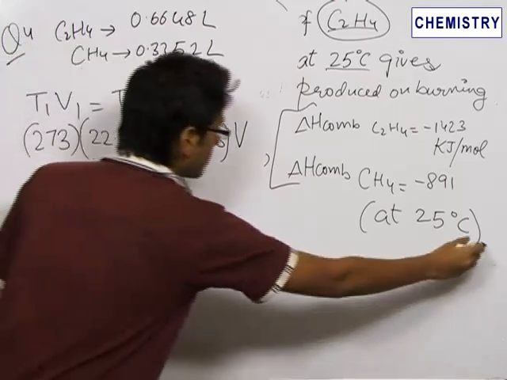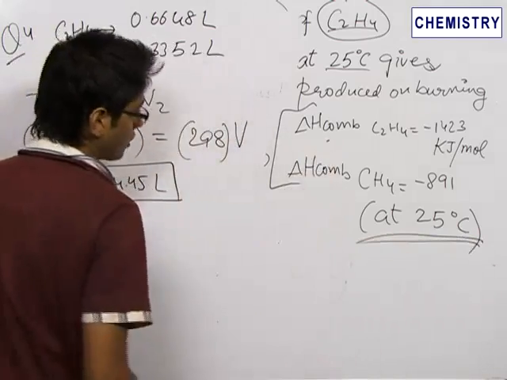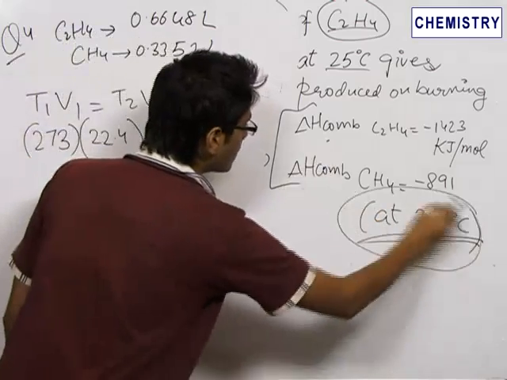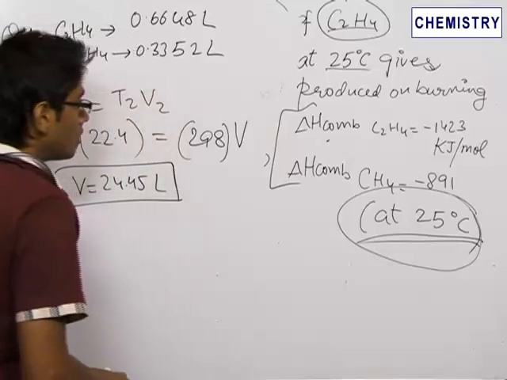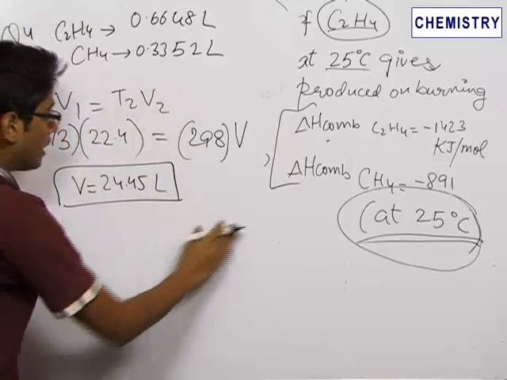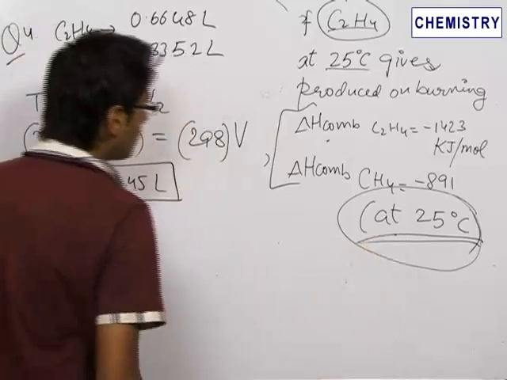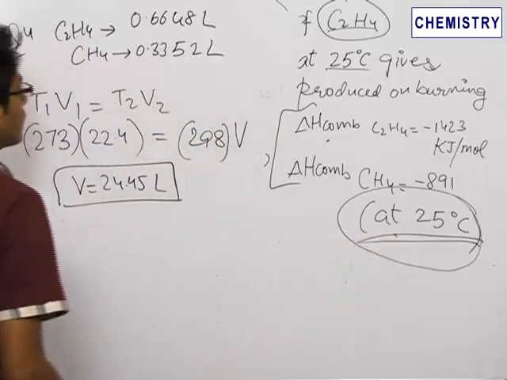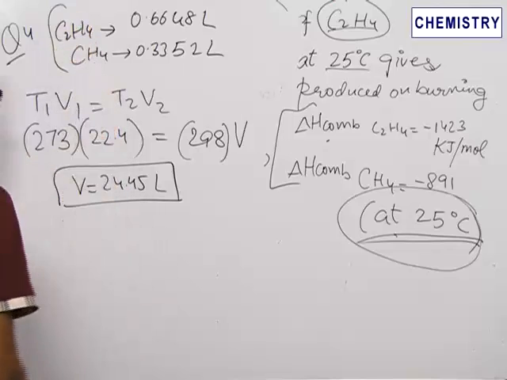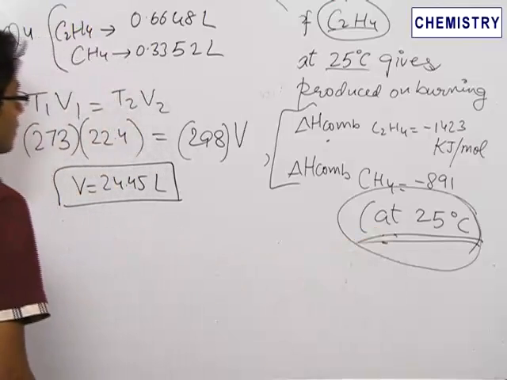Since the data of the heat of combustion are given at 25 degrees centigrade and not at 0 degree centigrade, we need to find the heat evolved at this temperature only. So for finding out the heat evolved at this temperature, we need to find the volumes of C2H4 and CH4 at this temperature only.